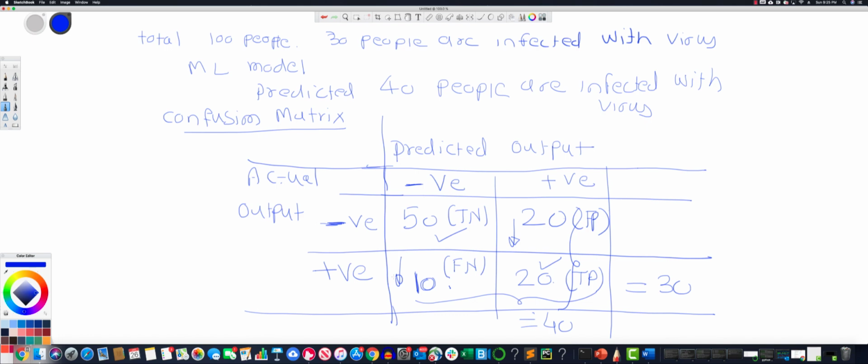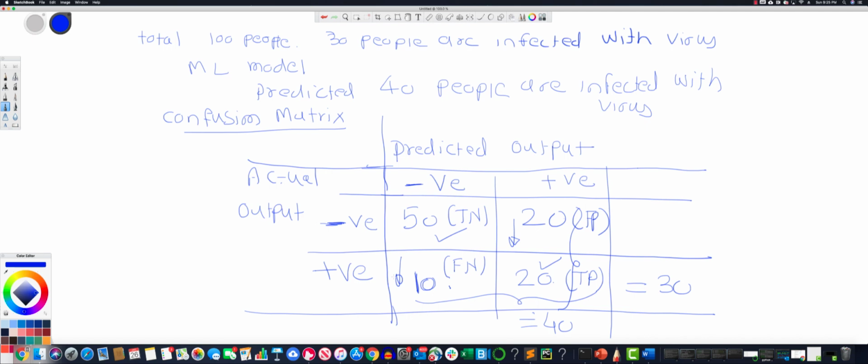All the metrics we are going to see are nothing but some ratio of true positive, true negative, false positive, and false negative. So this is the confusion matrix that's important to understand.